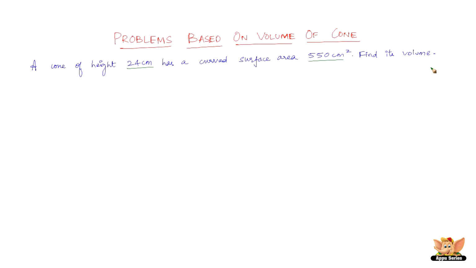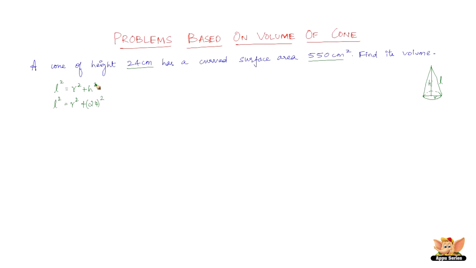Now we know that the cone is like this. We have a right angle triangle inside, which has the height here, the r here, and then the slant height here. So using the Pythagoras theorem, we know that L square equals r square plus h square. So we have L square as r square plus 24 square.